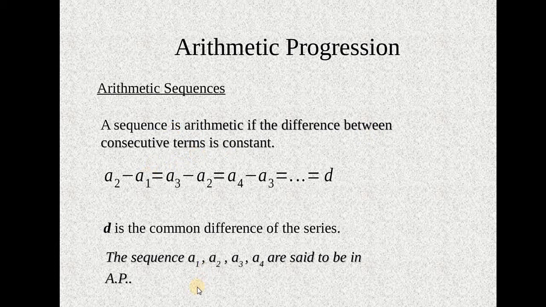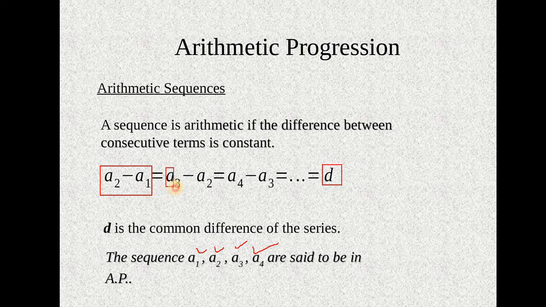What is consecutive? By consecutive we mean for a1 the next term will be a2, so a1 and a2 are consecutive, and after a2 the next term will be a3. These terms are consecutive, all of these are consecutive. If we find the difference of any two consecutive terms, this is a, these two are consecutive, and the difference is equal to d.